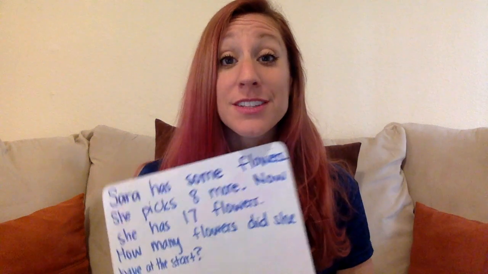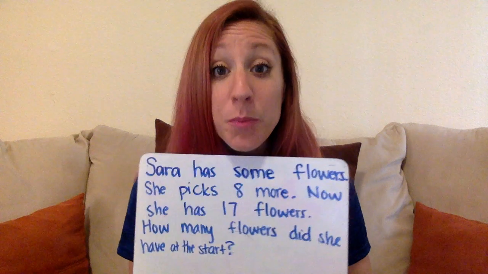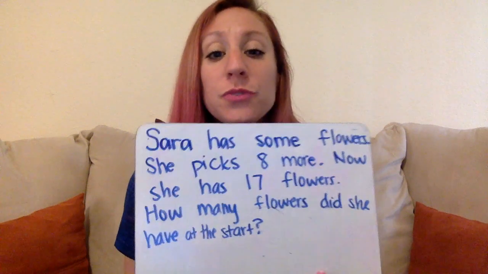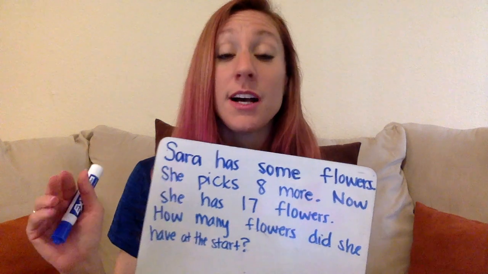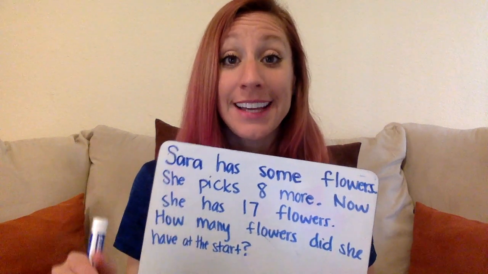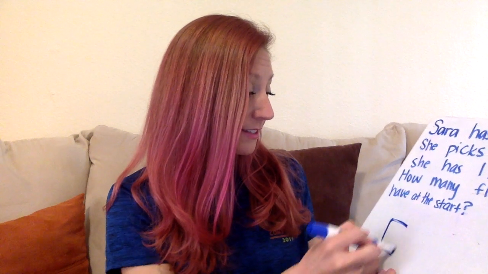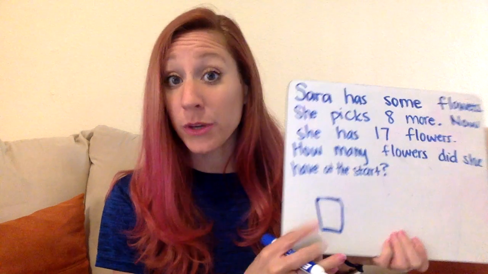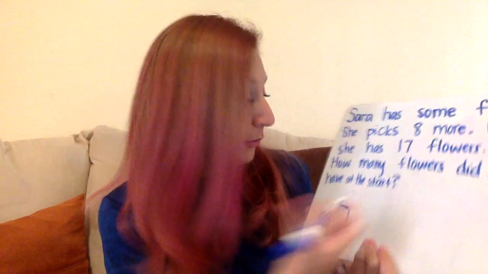If you want to go ahead and solve this, take a minute, pause, and solve it. If you need some help, I'm going to talk you through it now. For this one, I would start with the number sentence on the side just to get set up, because this number sentence looks a little bit different. I'm going to start with a mystery box. Something, we don't know what that is. That's how many flowers she had at the beginning. Some, we don't know.